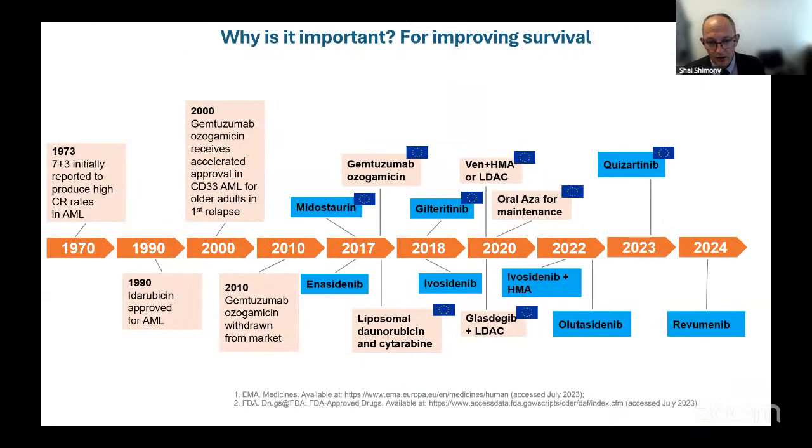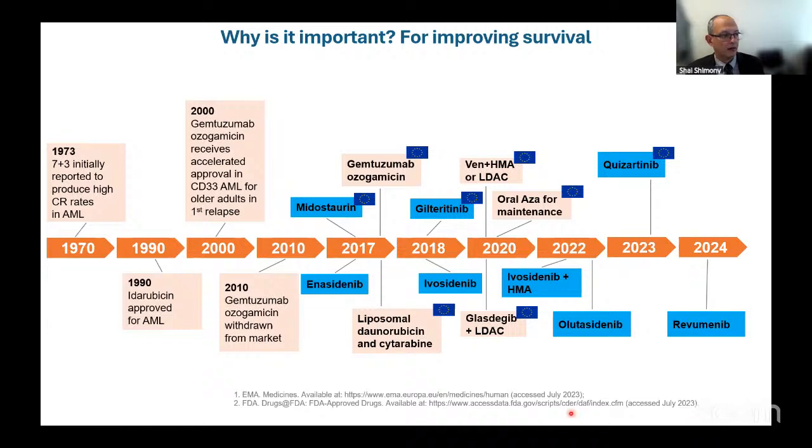And again, why is it important? Because if we know the mutations, we can classify and we can target therapies for AML. So if you look at that, you'll see that from 2017, we have 12 new drugs that were FDA approved for AML. Some of them are also approved in Europe.